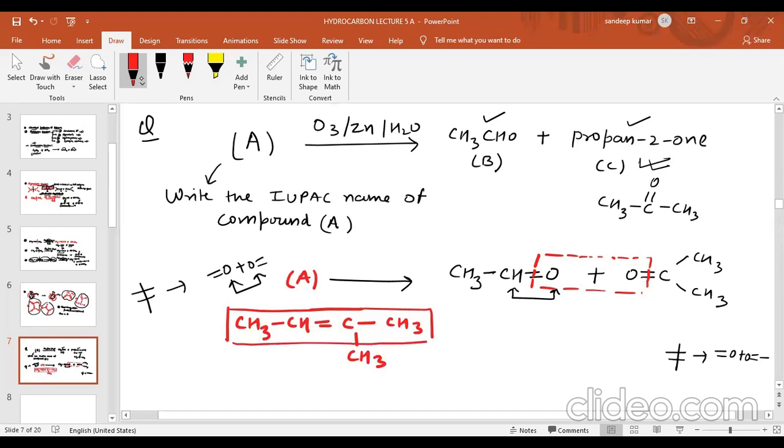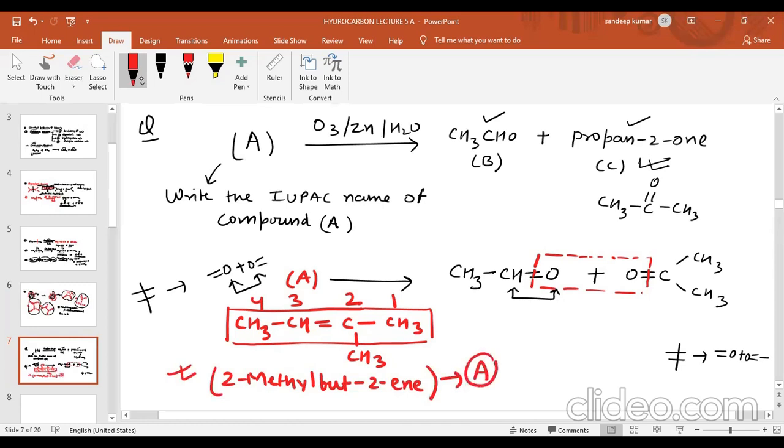When we do numbering from this side, 1, 2, 3, 4, on the second position there is a methyl group. So this is 2-methyl. There are 4 carbon atoms, therefore but, and 2-ene. So the IUPAC name of compound A is 2-methylbut-2-ene.